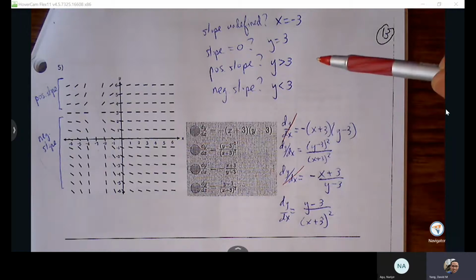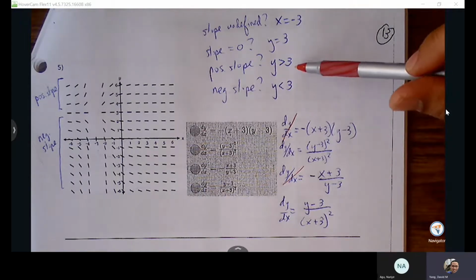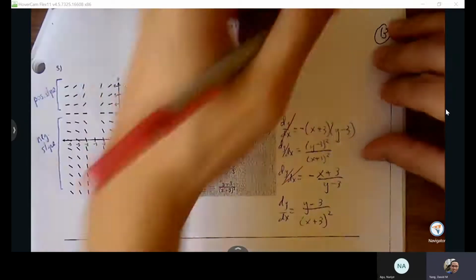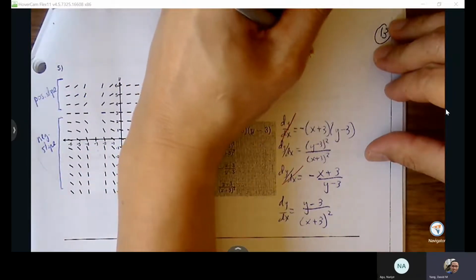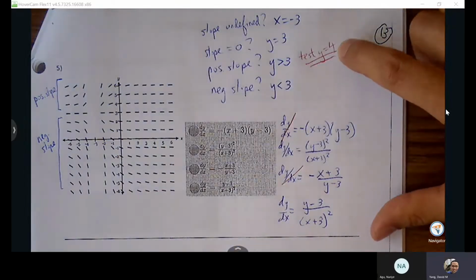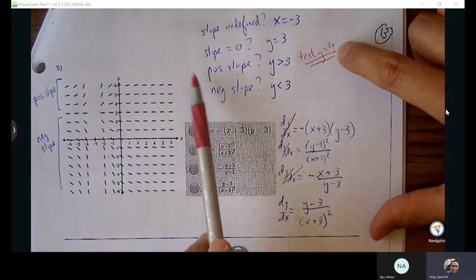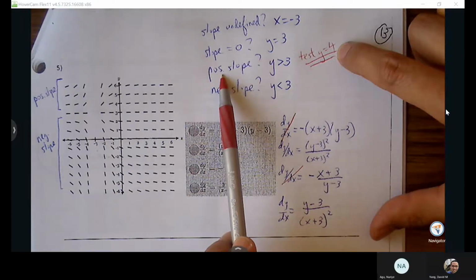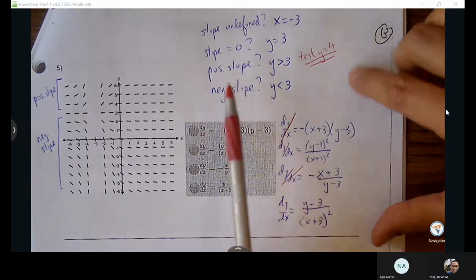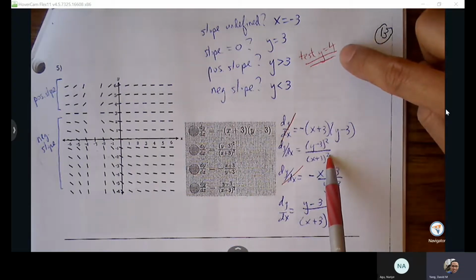Okay. Now, positive slope. So that means if I choose any y value greater than 3, so let's test y equals 4. If I plug 4 into the differential equation, no matter what, I must get a positive number. So is that going to be true with the second statement?